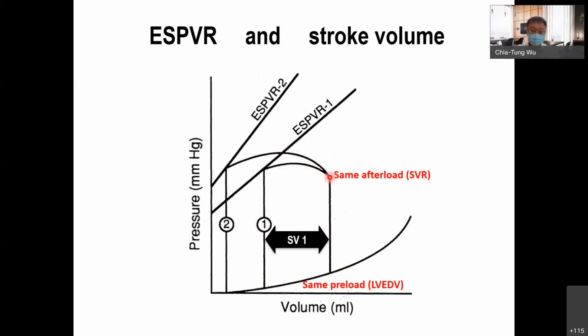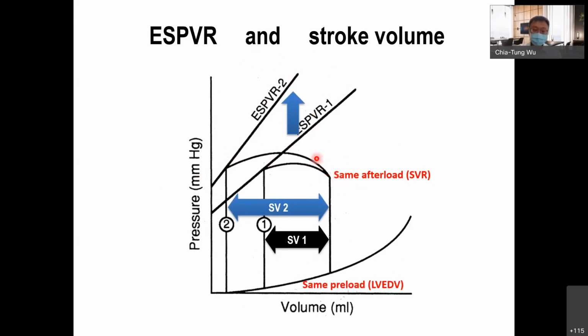But if we exercise, if our sympathetic tone rises, our heart contracts more powerfully. So ESPVR1 becomes ESPVR2. The slope of ESPVR will increase. Then even with the same preload and afterload, the stroke volume increases because our heart contracts more powerfully.